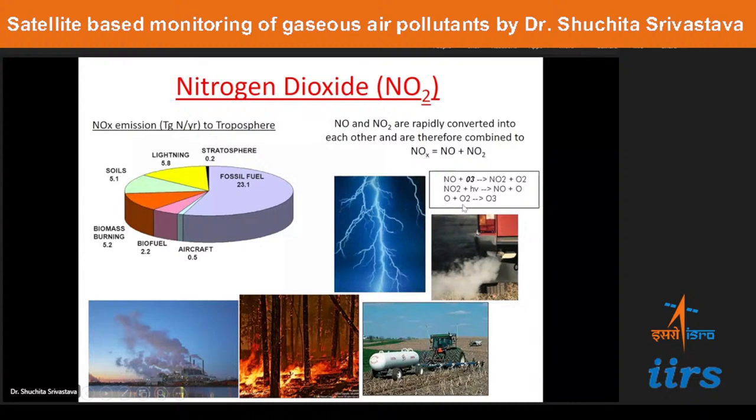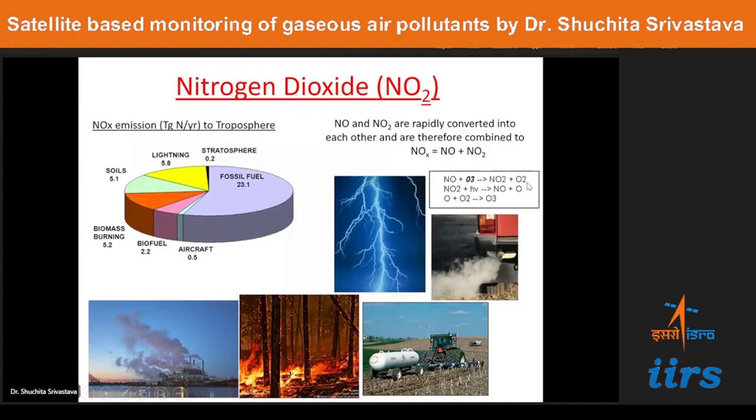Why? Here you can see a null cycle. NO, nitric oxide, reacts with ozone to produce NO2 and O2. This NO2 photodissociates at wavelength less than 420 nanometer and produces NO and O. And this O radical reacts with oxygen molecule to produce ozone.